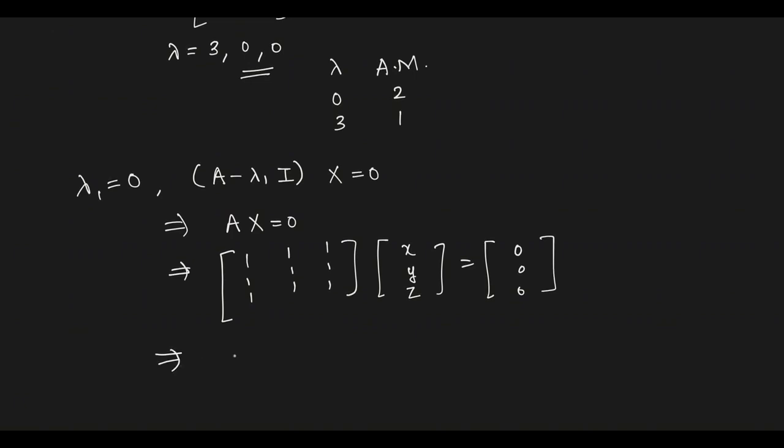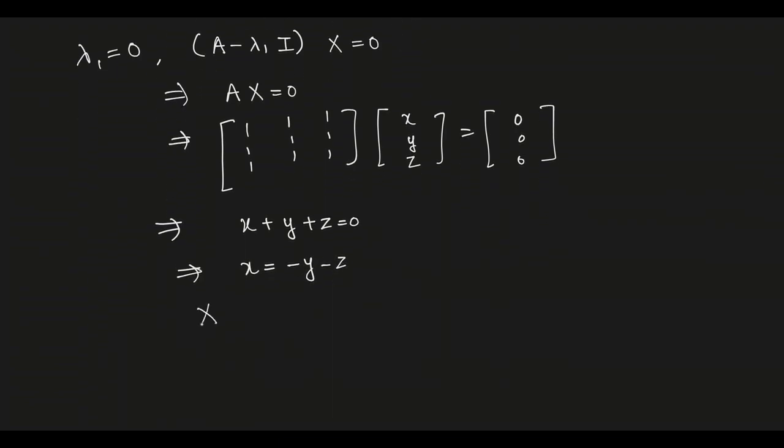All the equations will be x plus y plus z equal to 0, so x will be minus y minus z. The eigenvector will be like this, and x was minus y minus z.